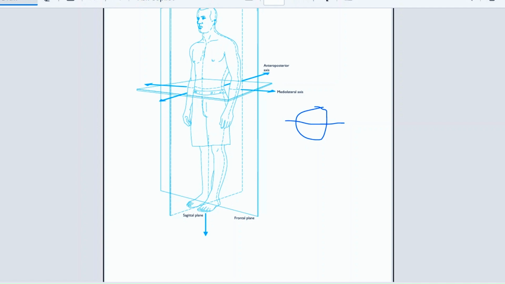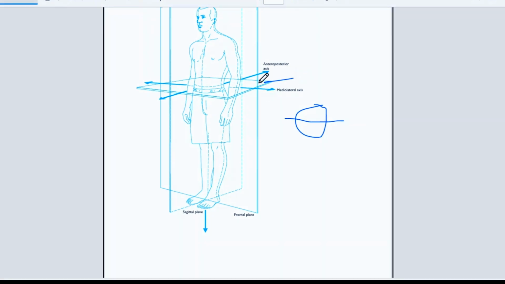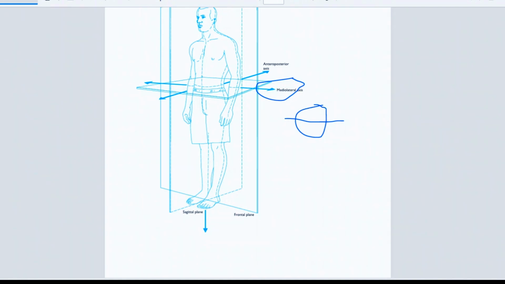In a sagittal plane, your body rotates around the mediolateral axis. You can perform a squat and discuss this as an example in your exam or something like that.